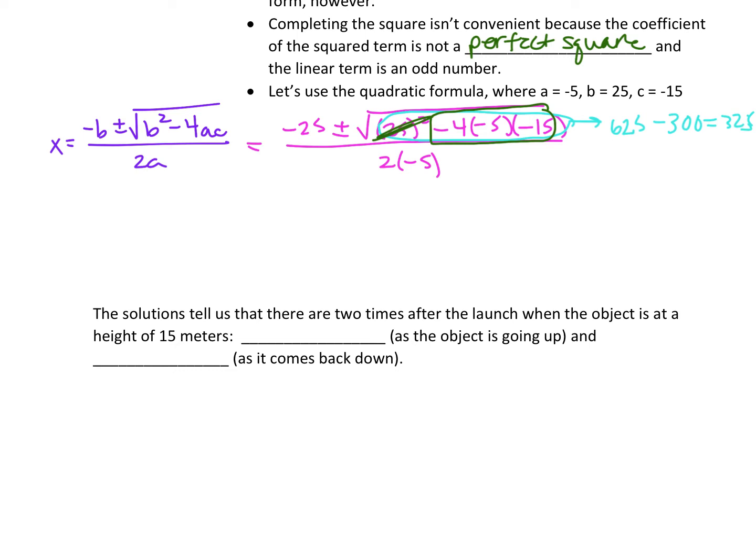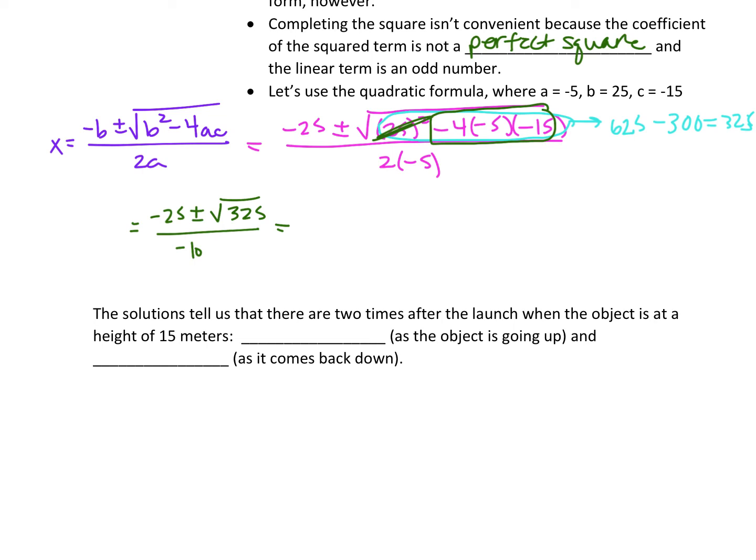All right, here's what we just figured out. If we go back to our quadratic formula, we have negative 25 plus or minus the square root of, and we did all that math, we got 325, all over 2 times negative 5, which is negative 10. Our next step is to actually take that square root of 325.